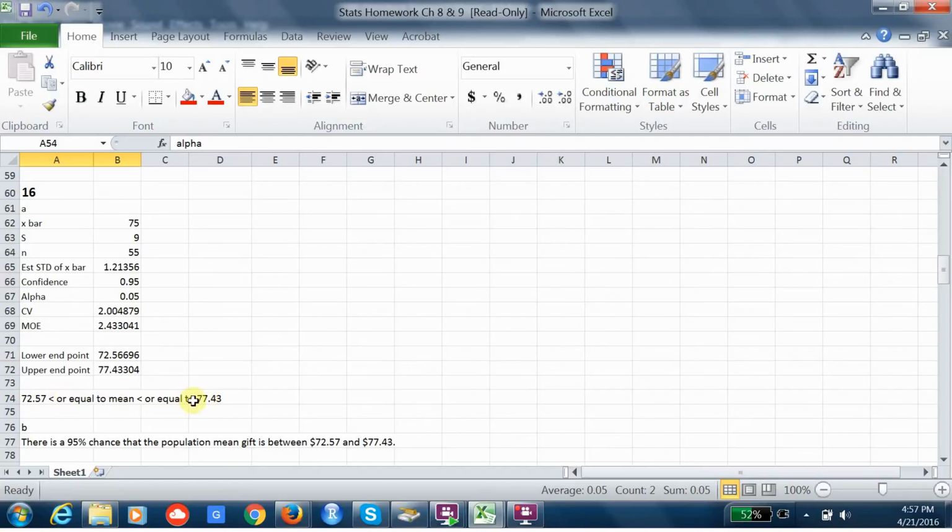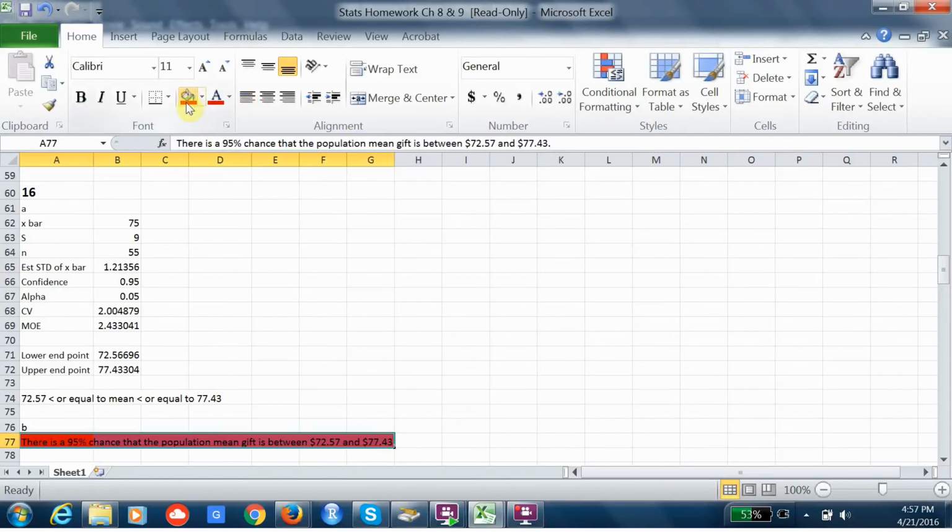So the next 1,000 people, we're going to multiply this by 1,000. This gives us an estimate for the average amount of money we think the store is going to lose on the next 1,000 people. So you want to take into account the fact that this is per person, and for 1,000 people we want to multiply it by 1,000, and then we have to write down the interpretation.